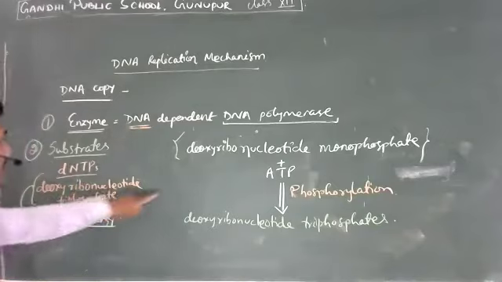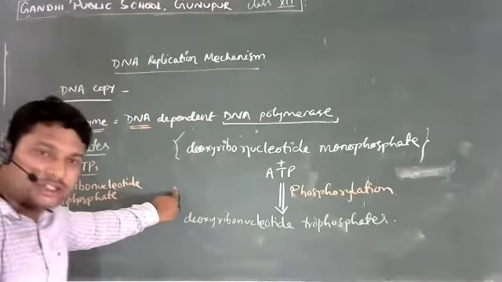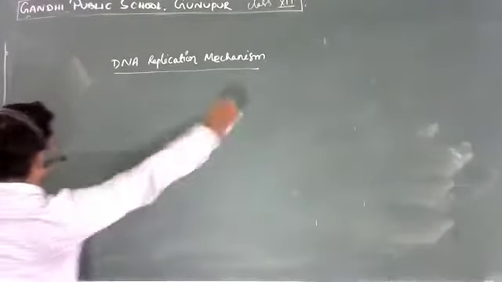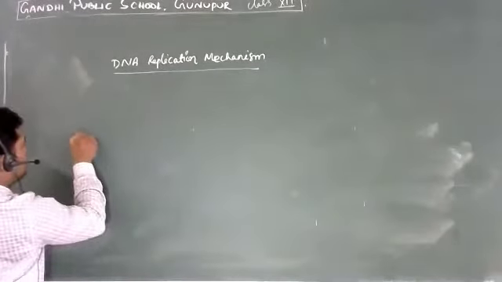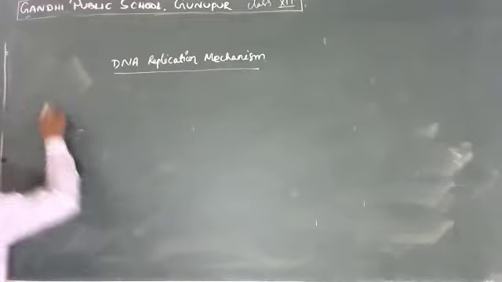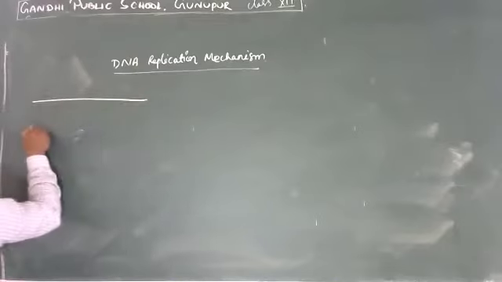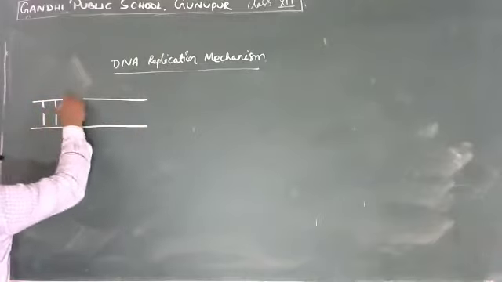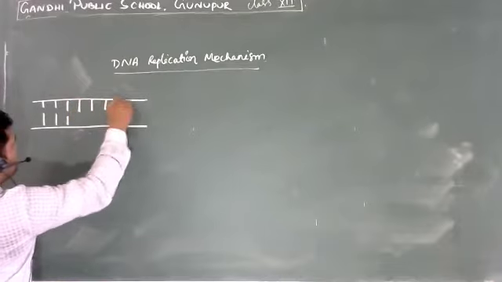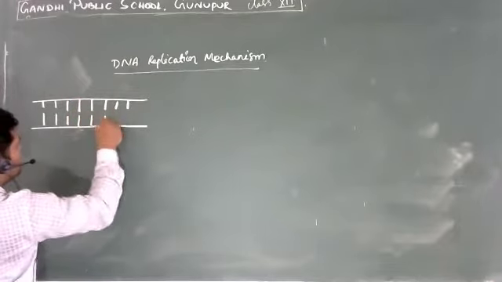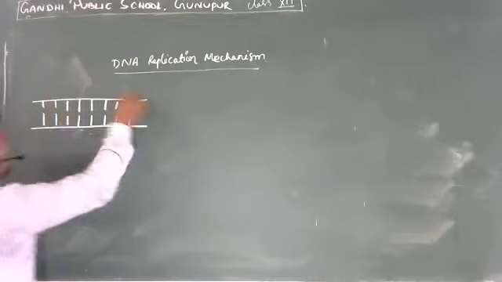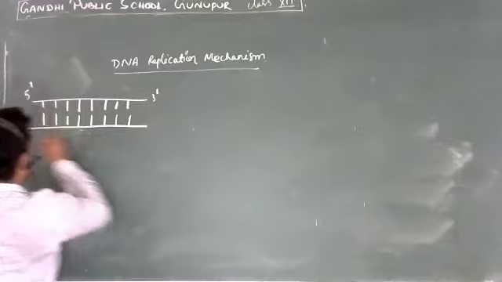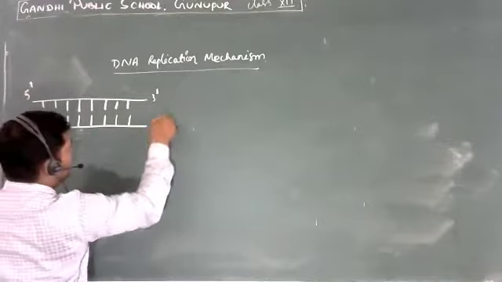So once you know about this, let us understand how the process is going to begin. Let us make the double stranded DNA. We have the double stranded DNA here, with base pairing, and let us name it 5 prime, 3 prime, and this one 3 prime, 5 prime.